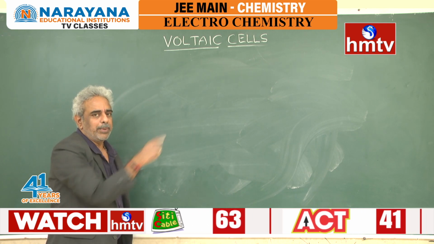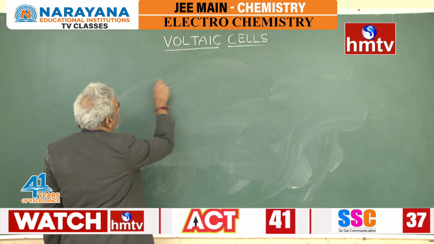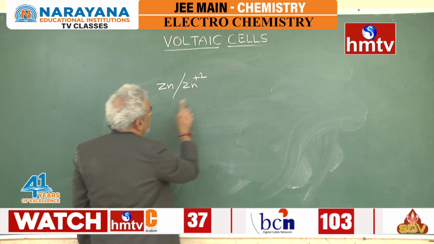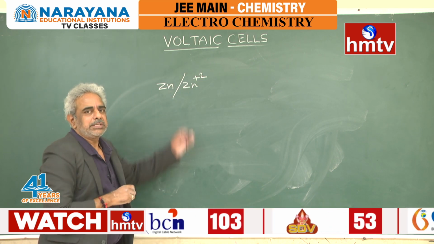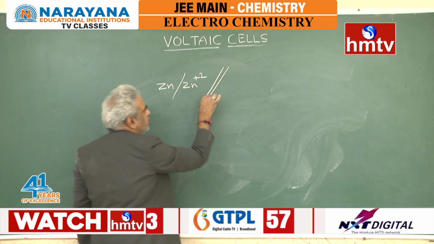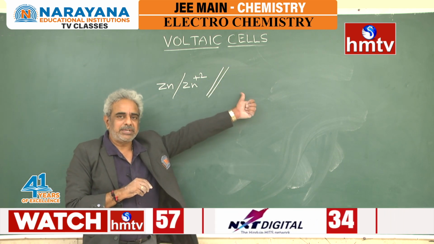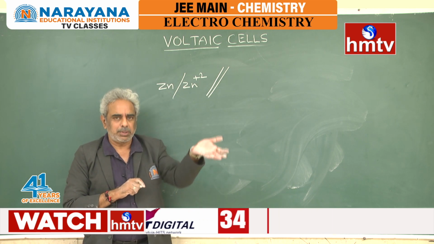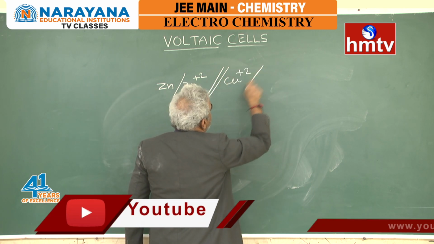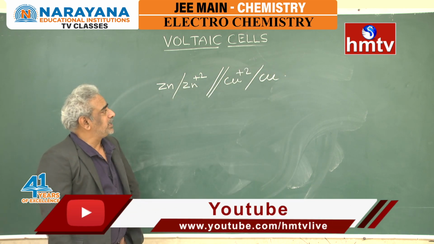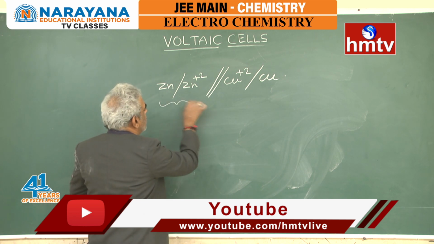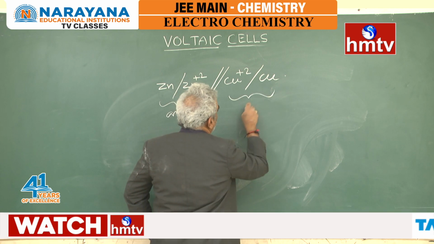Zinc electrode and copper electrode are connected. So, zinc/zinc ions makes one electrode, and this is the anode. And we have to keep a double slash. The double slash represents a salt bridge through which the ions are connected, then /copper. So, this makes the complete cell, where this is the anode, this is the cathode.